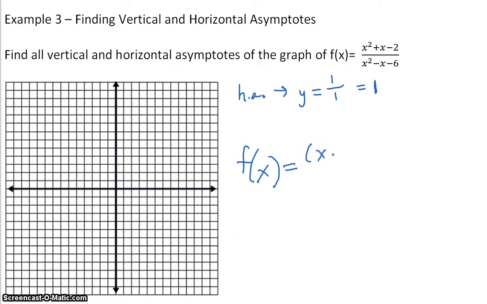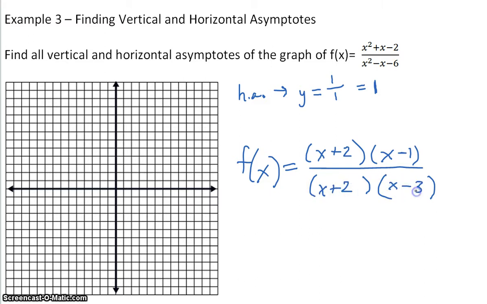So if I factor the numerator, I get x plus 2, x minus 1. And you might say, well, aren't we just looking at the denominator? Why am I going to factor the numerator? Well, you'll see in a second. Okay. And in the denominator, if I factor it, I get x plus 2 times x minus 3.